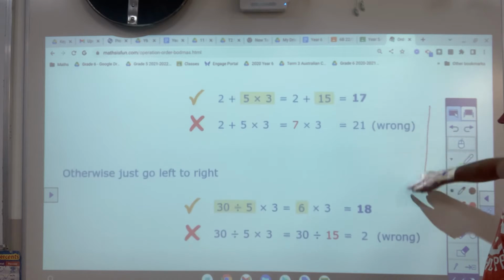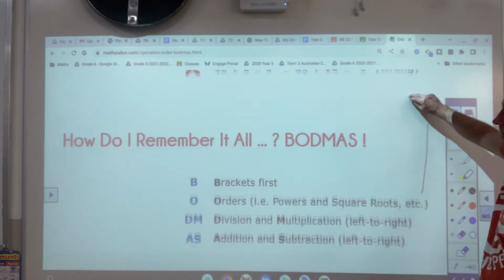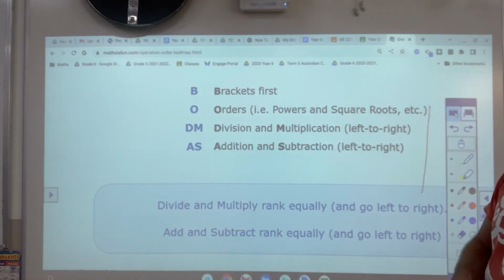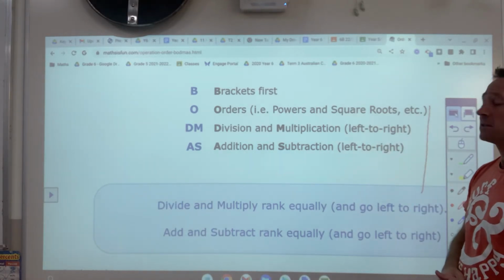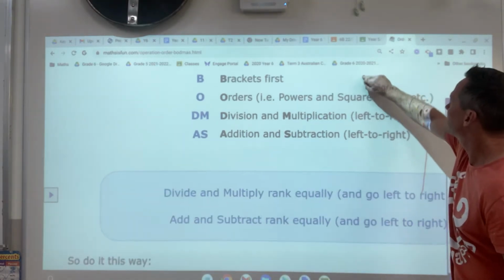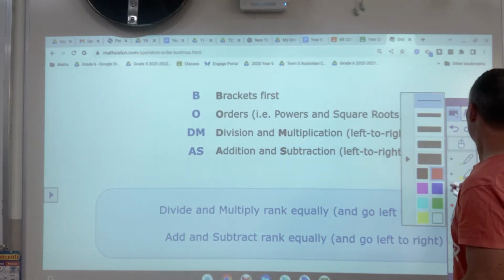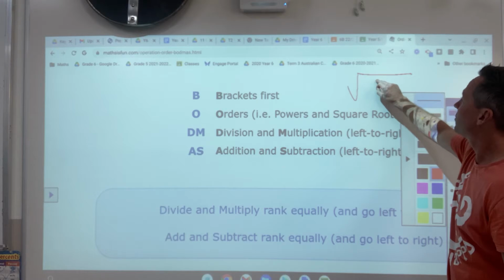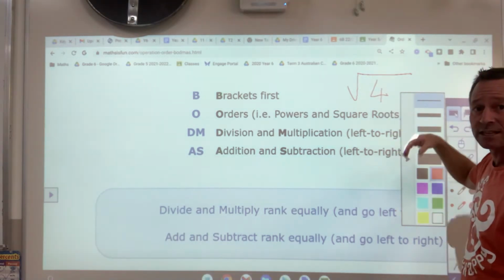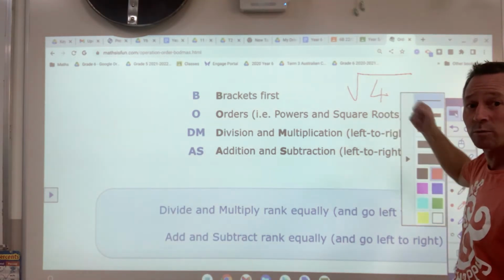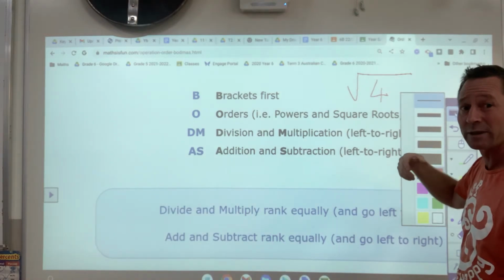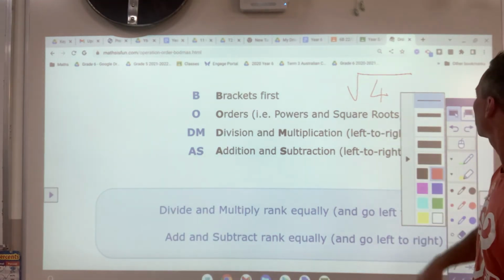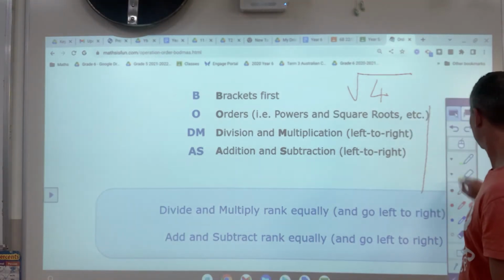Let's have a look at a couple more. Again, here it's saying brackets first, orders, which is the powers, and square roots. Square roots look like the division sign. And if you have something in there, something times itself would be 4, which would be actually 2. 2 to the power of 2 would be 4. So that's what that means.